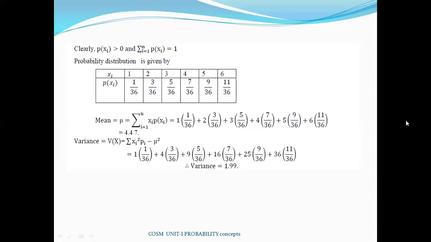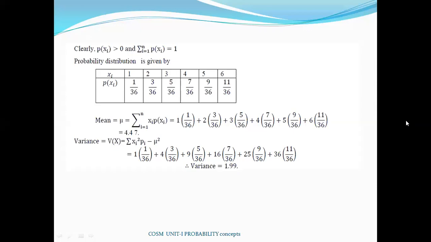Here you can observe that the total probability is 1, that is, the sum from i equal to 1 to 6 of p of xi is 1, and all probability values are greater than 0. So this probability distribution function is well defined.